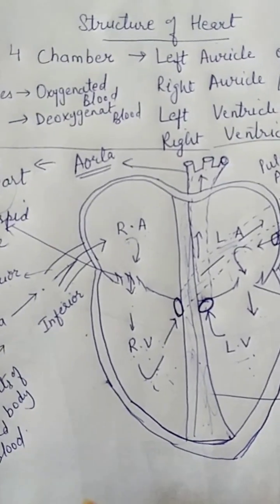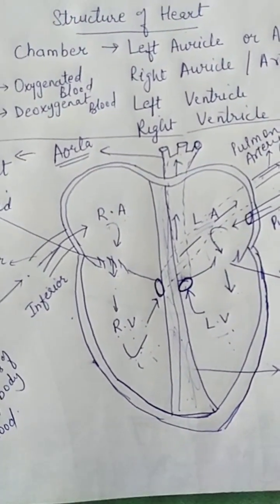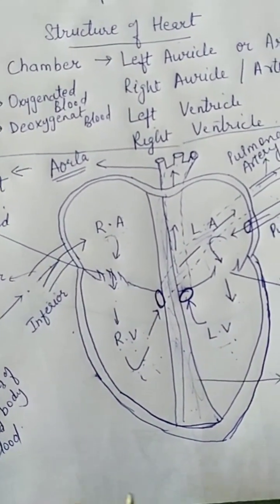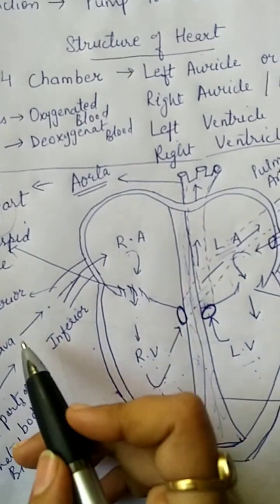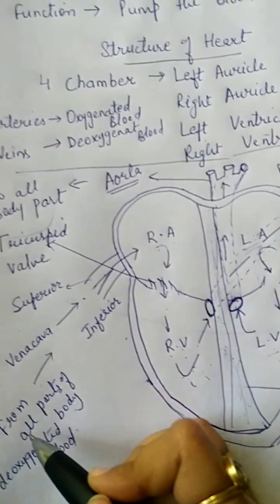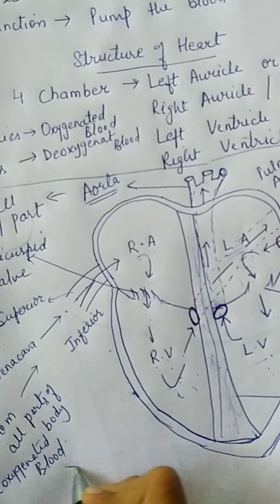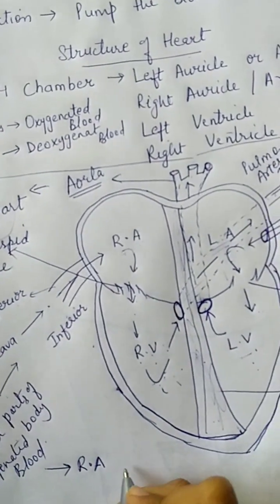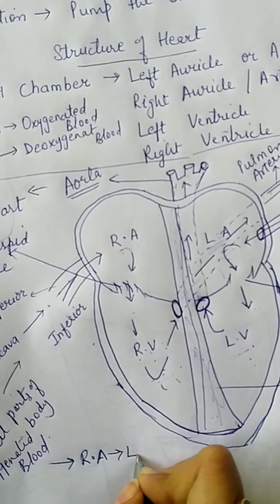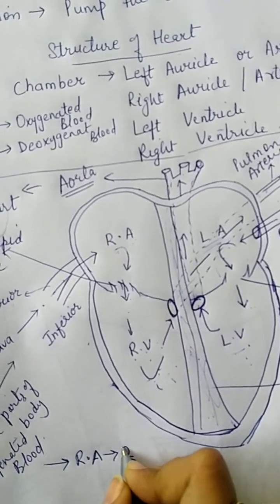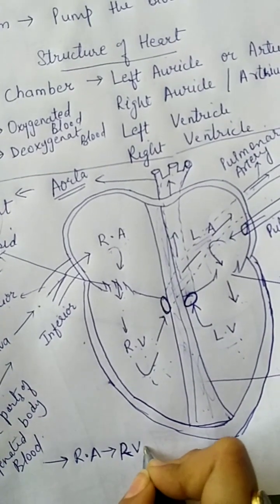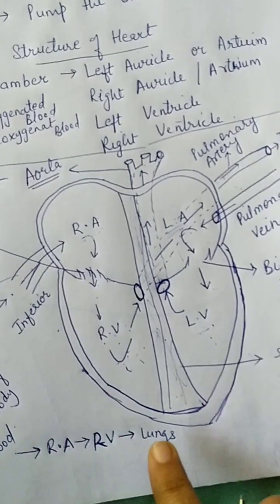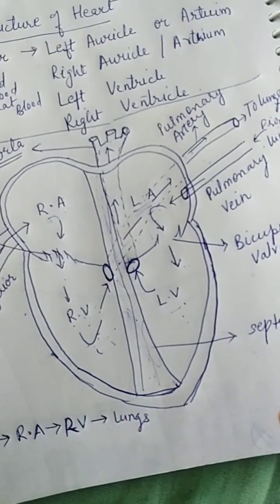So here I'll draw a small pathway of the blood which flows from the heart to all parts of the body. First of all, blood from all body parts goes to the right atrium. From the right atrium, blood flows to the right ventricle. From the right ventricle, the blood goes to the lungs. And in the lungs, exchange of gases takes place.